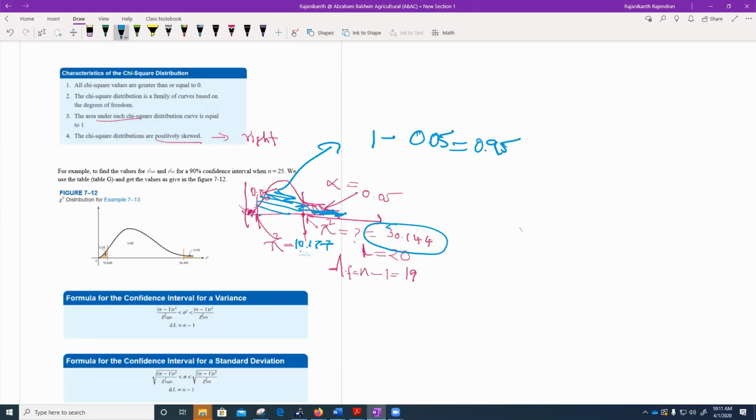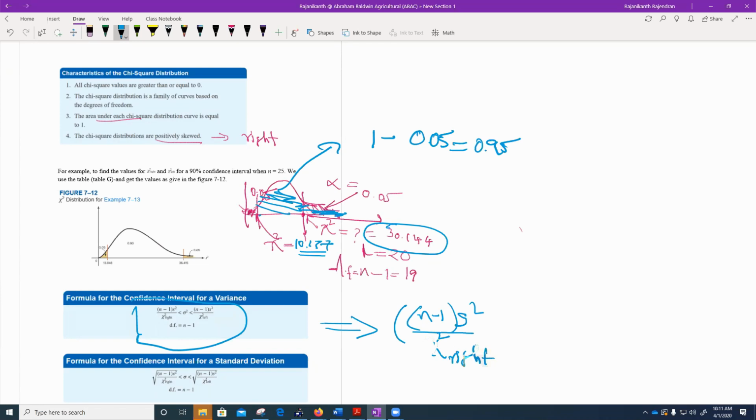Okay, so now we know how to find chi-square. Now let's move on. Now the formula for the confidence interval for what? For the variance. Now we are finding the variance confidence interval. Let me write this down in interval notation. My left side point is n minus 1 times little s squared over the chi-squared right side point.